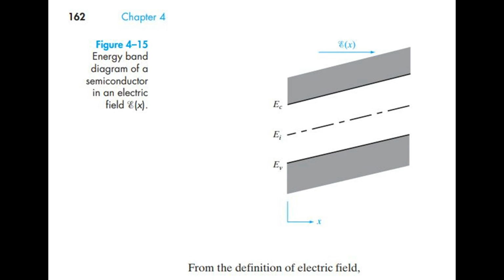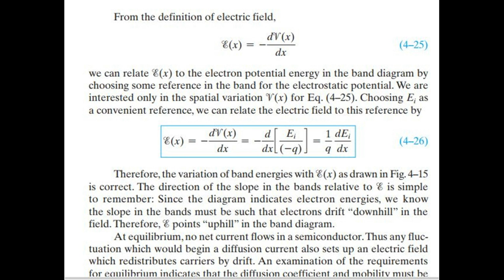Figure 4-15: Energy band diagram of a semiconductor in an electric field, E(x). From the definition of electric field, we can relate E(x) to the electron potential energy in the band diagram by choosing some reference in the band for the electrostatic potential. We are interested only in the spatial variation, V(x), for EQ 4-25.